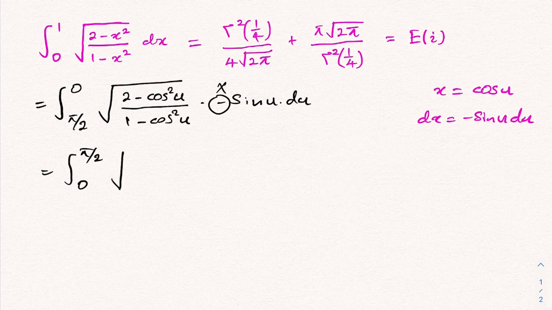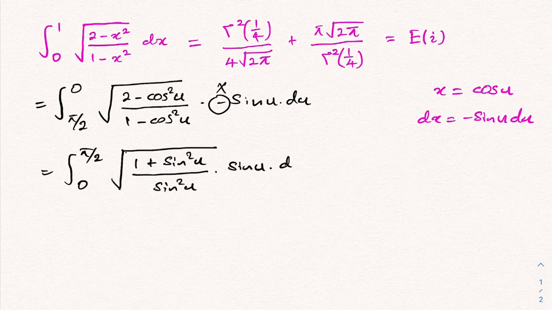And here we have 2 minus cosine squared of u, we know that is 1 plus 1 minus cosine squared of u, which is sine squared of u, over again 1 minus cosine squared of u, which is sine squared of u, times sine of u times du.